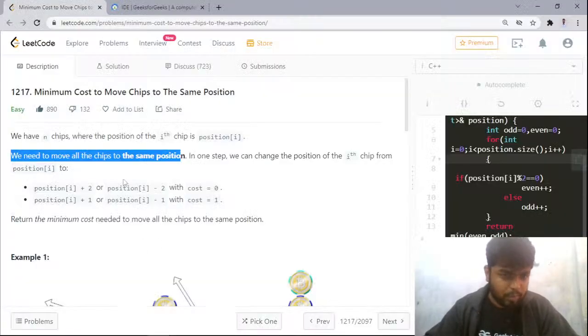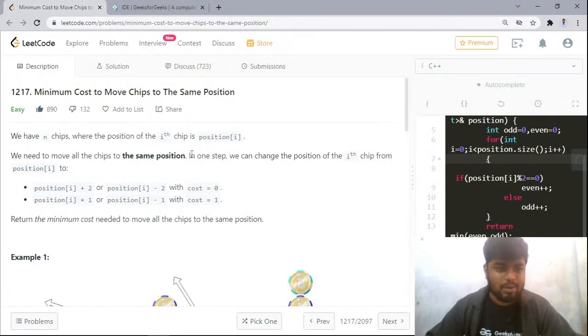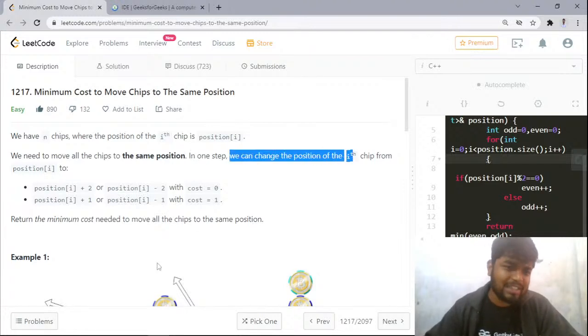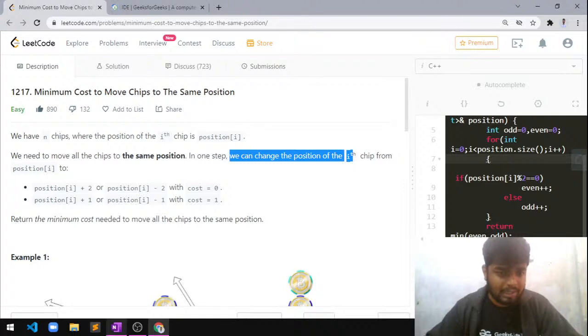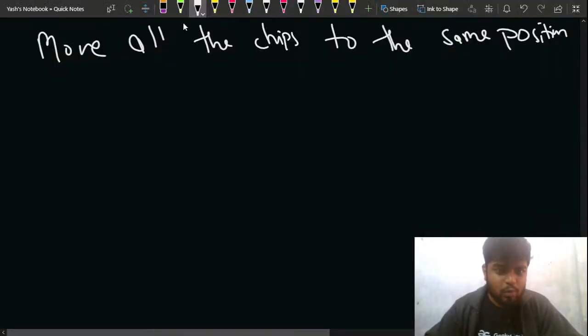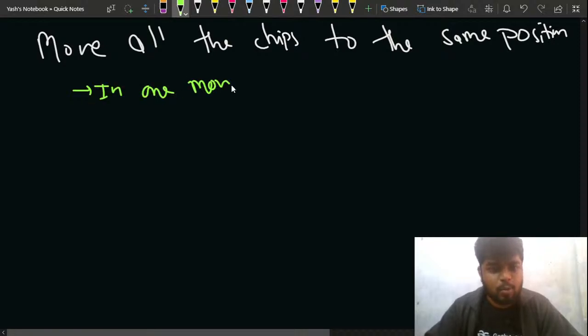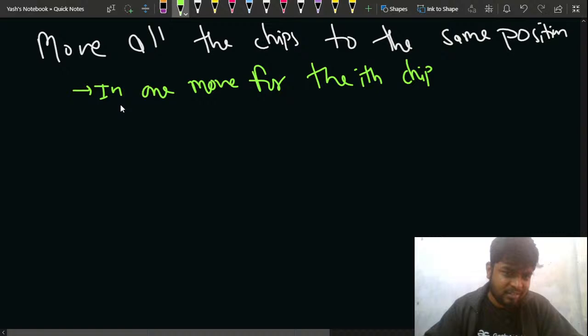What you can do is, in one move, we can change the position of the ith chip. Initially its position will be position[i].